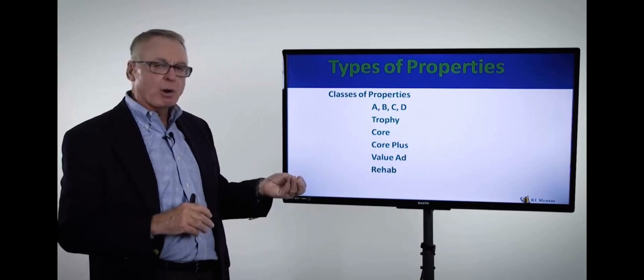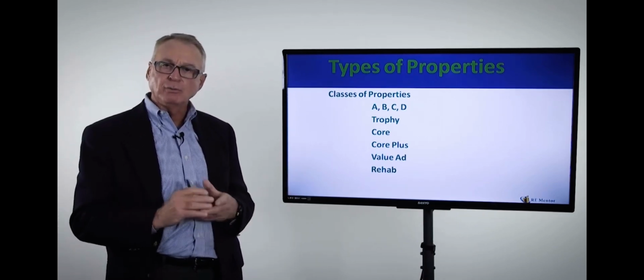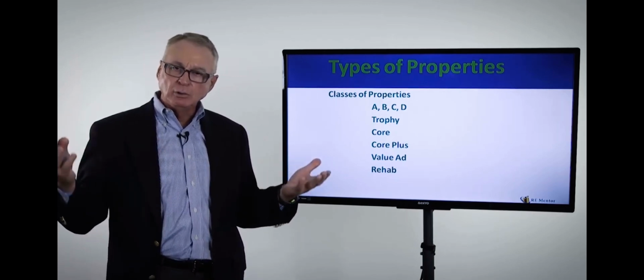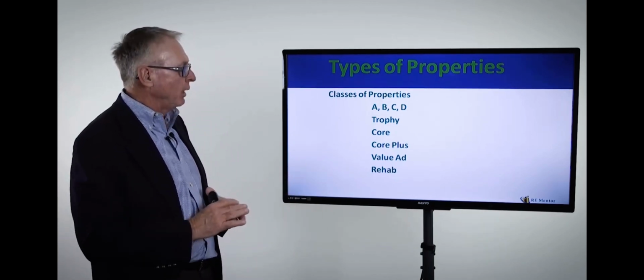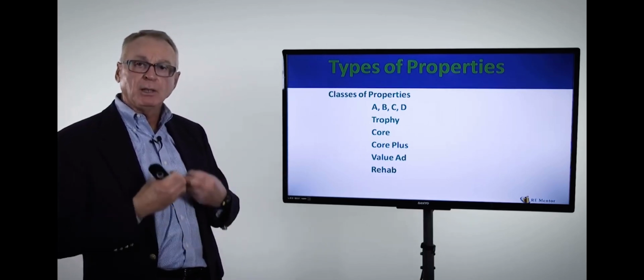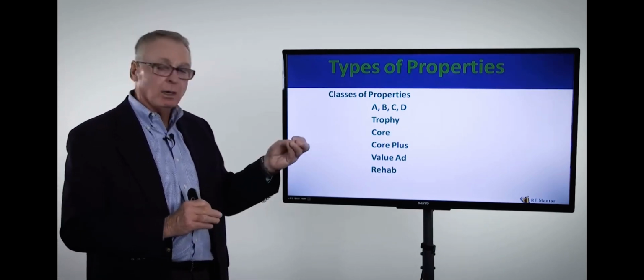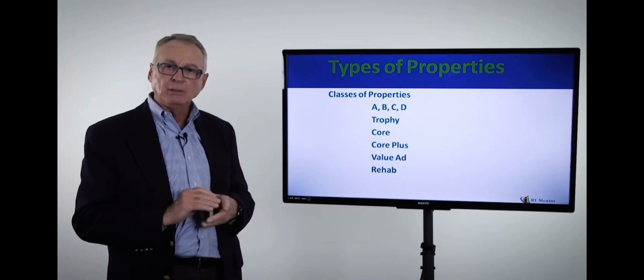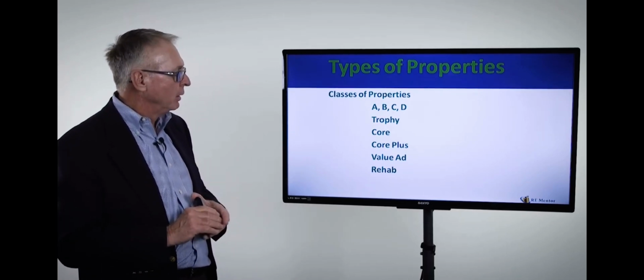So if you're going to buy an A property, typically you're going to want to hold those for a long period of time so that you can grow the equity and grow the rent, and then down the road, 10 years, 12 years, you can make improvements on the property, and that's how people make a lot of money buying A properties and holding them for a long period of time.